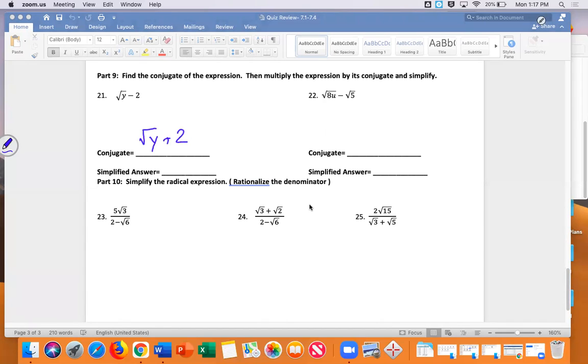And this one over here is root 8u plus root 5. Agreed? You okay with that? But Owen, there was a pattern. Did you happen to find the pattern for simplifying the conjugate times the expression here? Did you happen to find one?